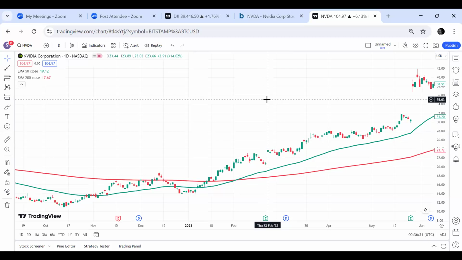Let's assume there is a very big institution like NVIDIA, or any HNI or any other person. Do they wait, saying okay, I will wait for the 9 EMA, the 50 EMA, the 200 EMA, and only when this 200 EMA comes will I make my buy or sell decision? Obviously they will not wait like that, right? Do they think like, I had read somewhere in a book or heard somewhere that this EMA is important?